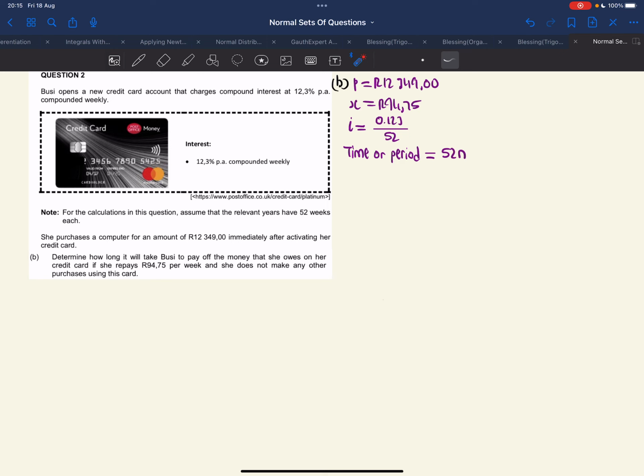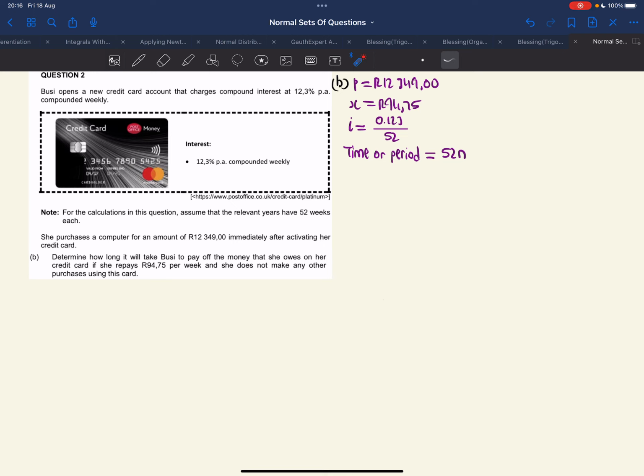Whenever you are dealing with compound interest formulas, you always have to look at how it is compounded. It can be compounded monthly, which is 12, or half yearly, or two monthly, or quarterly, and it can go up until daily.